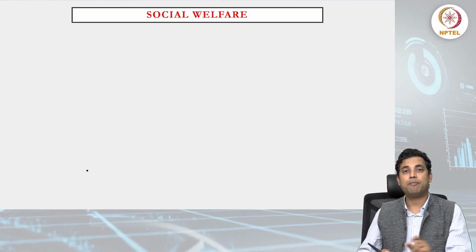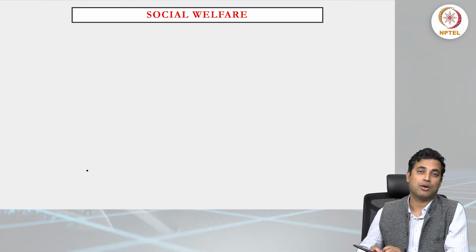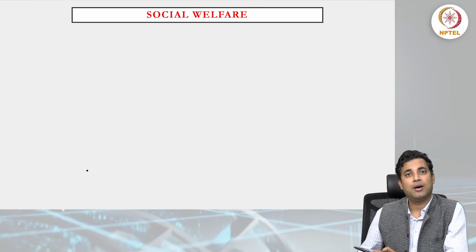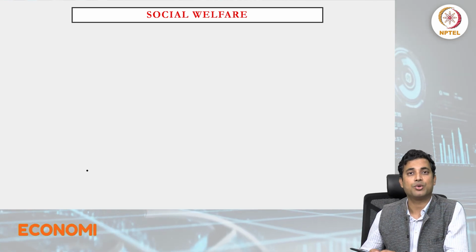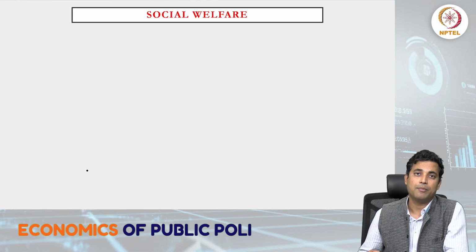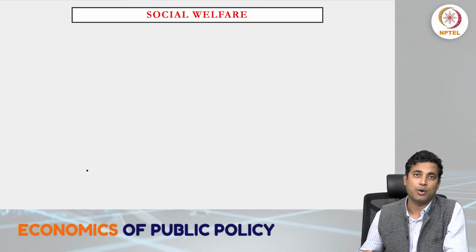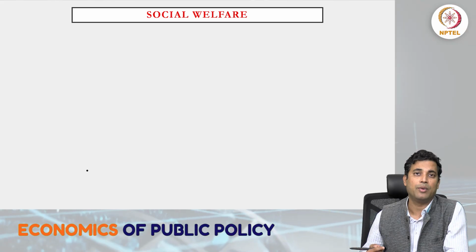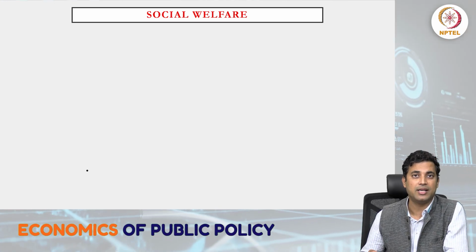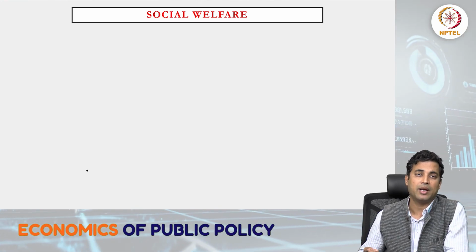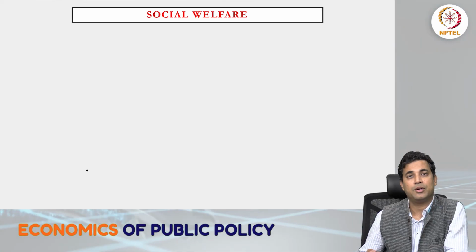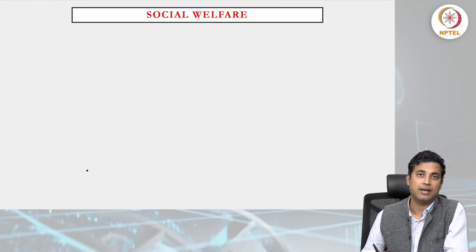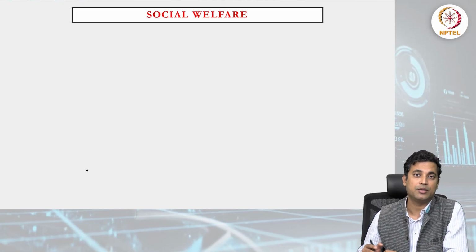So now in public policy context, especially cost and benefit analysis, what is important is to understand social welfare. Especially when we talk about welfare economics, it is very important to understand the welfare function for the society that will give the entire utility framework, both at the individual's level and at the society's level.